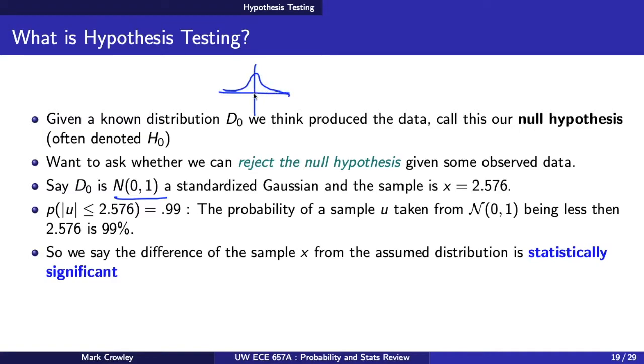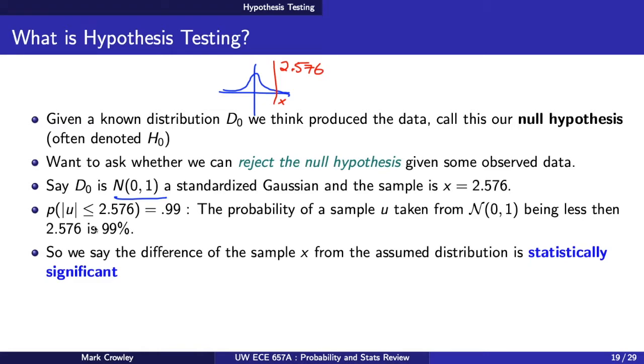It's perfectly symmetrical, even though I'm not drawing it perfectly symmetrical. And the sample that we draw is 2.576. This is the number that we get out of it. And we want to know, is this plausible? Is it really a Gaussian? Is this what we've got from here?